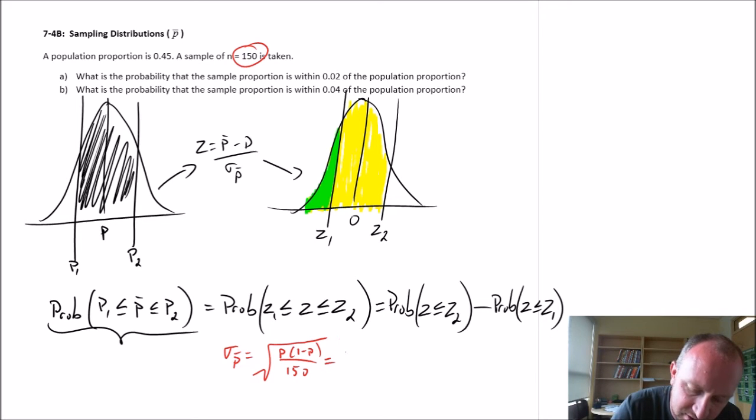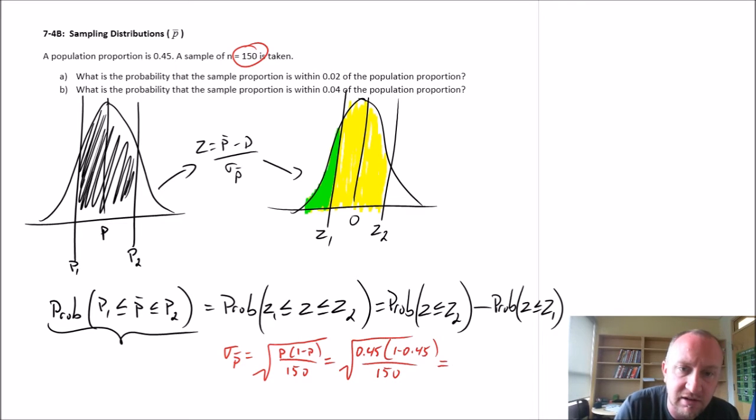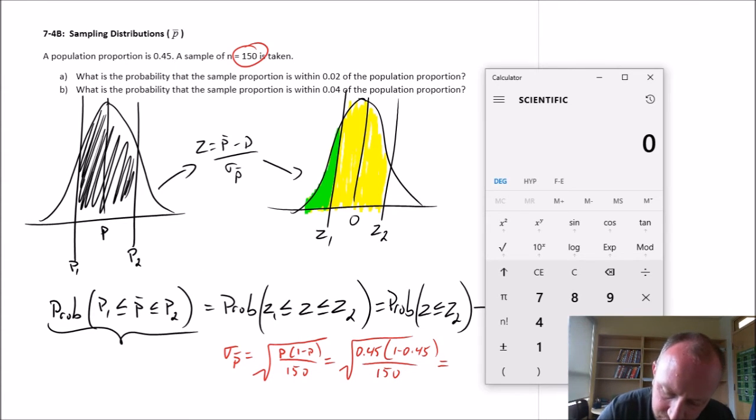So we substitute in our probabilities: 0.45 times 1 minus 0.45 over 150. And so this gives us a standard error of, where's my calculator here, 0.45 times 1 minus 0.45, divided by 150, square root, 0.04.